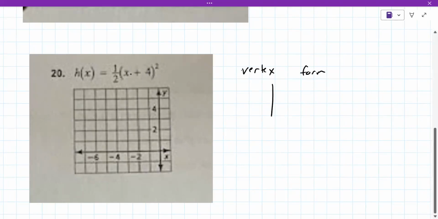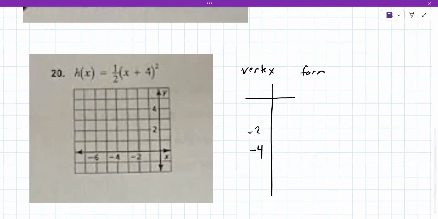It's always opposite of what you see in there. So instead of it being +4, it ends up being -4 is your vertex, your x coordinate. Does that sound familiar to you? I was worried about that. So we're just going to go with it.